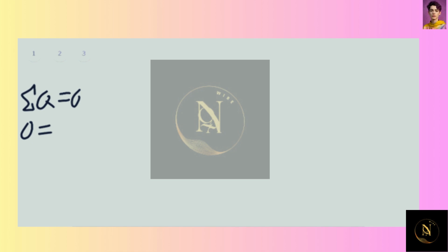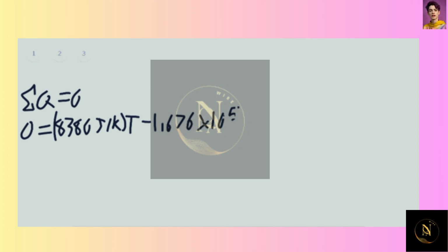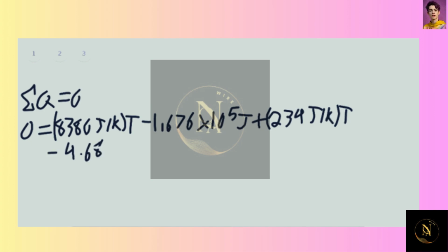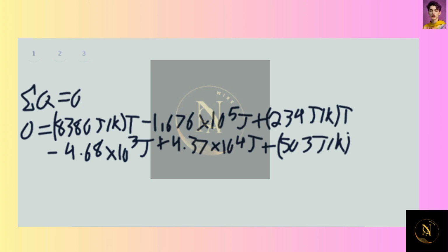So we have 0 equals 8,380 joules per K times T minus 1.676 times 10 to the 5th joules, plus 234 joules per Kelvin T, minus 4.68 times 10 to the 3rd joules, plus 4.37 times 10 to the 4 joules, plus 503 joules per Kelvin T.